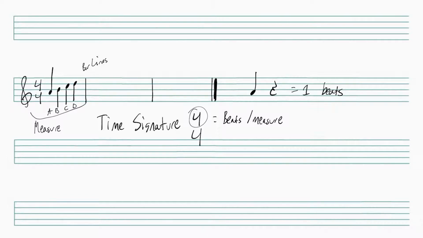We could also have a combination of notes and rests. I could draw the following here: quarter note, quarter rest, quarter note, quarter rest. That would be acceptable for a measure because it all adds up to 4 beats. I'm using notes and rests, and again, we're assuming that the quarter note and the quarter rest both equal 1 beat.